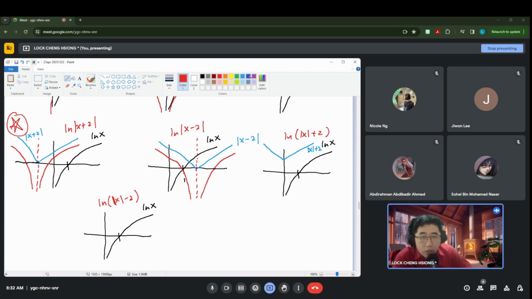So this is 2 here, this one is 2, this one is minus 2. Then they become like this. So this one becomes ln 2. It's like a wing like that.